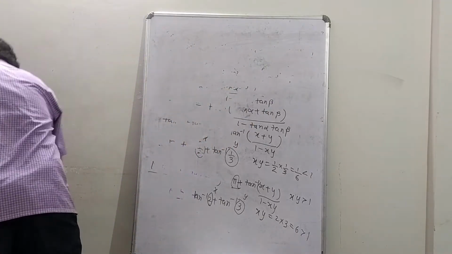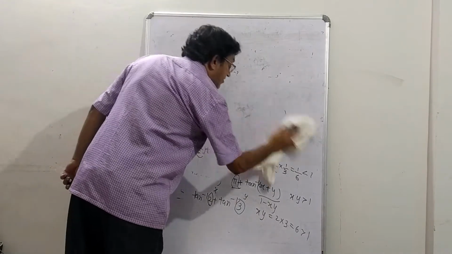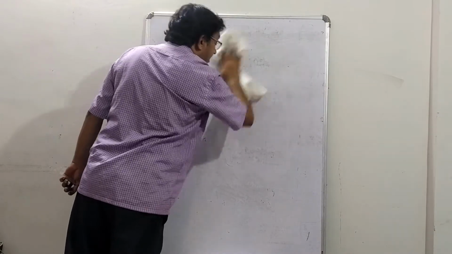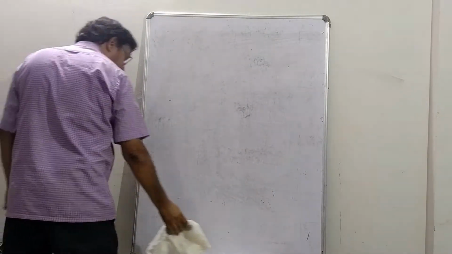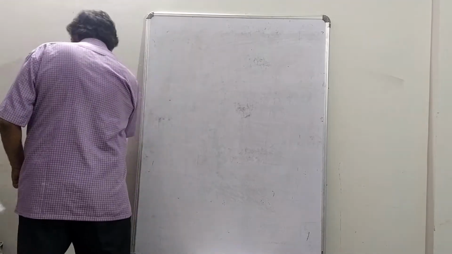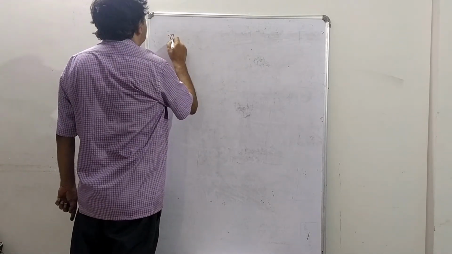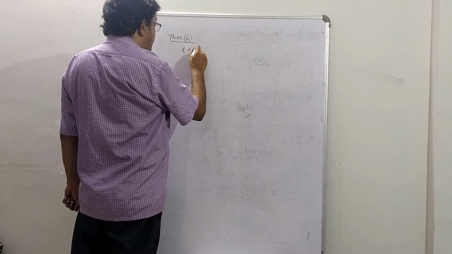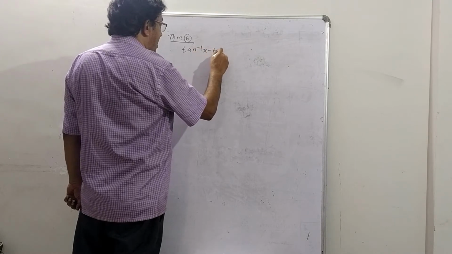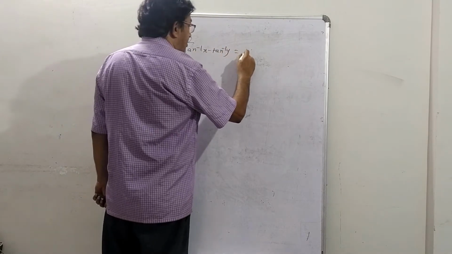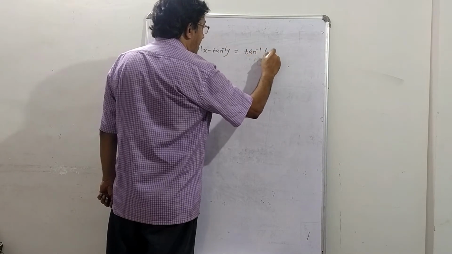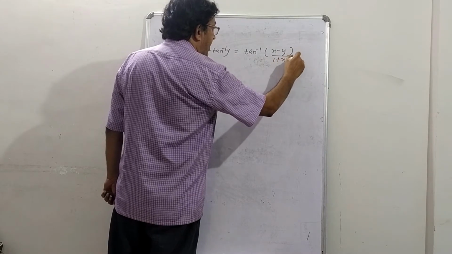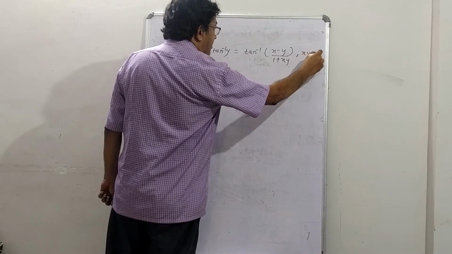Theorem number 6: tan inverse of x minus tan inverse of y equals tan inverse of (x minus y) divided by (1 plus x into y), provided x into y is greater than minus 1.